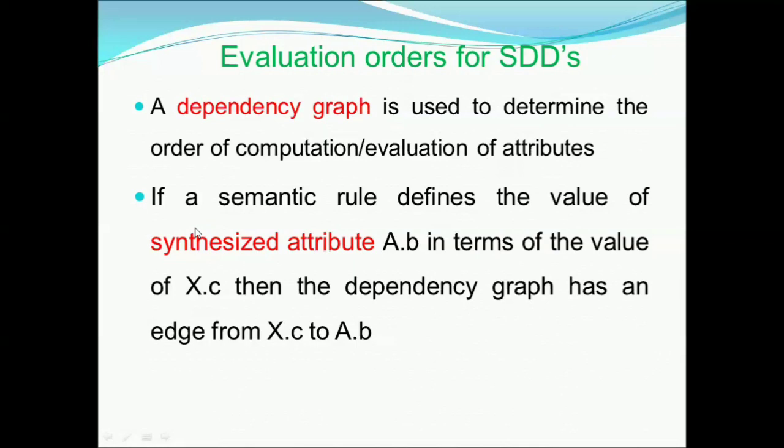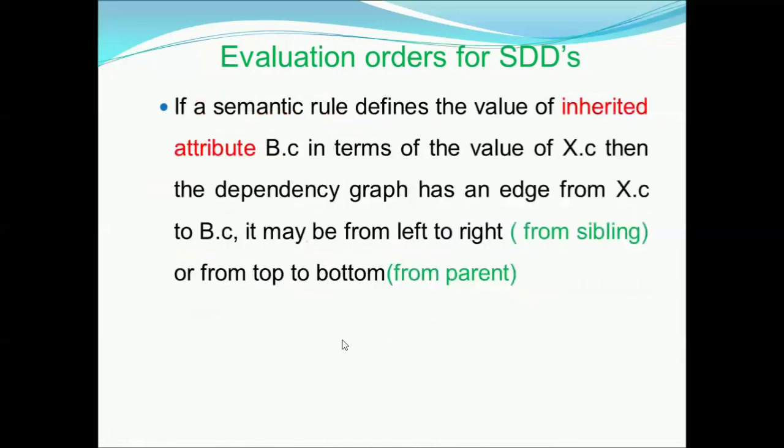If a semantic rule defines the value of a synthesized attribute, which, as I said earlier, gets its value from its child or children, it means A.B is defined in terms of the value of X.C. Now my A.B depends upon the value of X.C. Then the dependency graph has an edge from X.C to A.B. That's why it is called a synthesized attribute, and the dependency graph shows an edge moving from X.C to A.B.